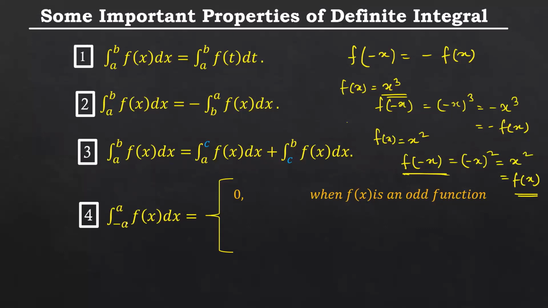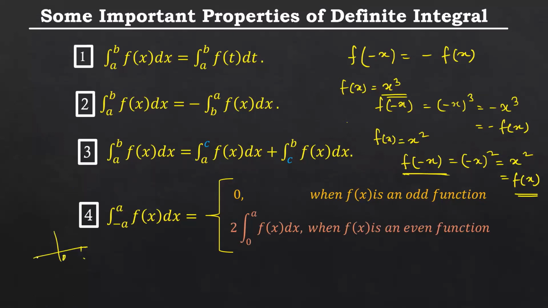So if this type of integration occurs, minus a to a f of x dx, then you can directly put it 0. First check that this is a symmetric integral, minus a to a, not any other integration. If this is minus a to a, then your integration will be 0 if it is an odd function, and if it is even, it will be in the form 2 times integration over 0 to a f of x dx. That means the area is symmetric with respect to zero.